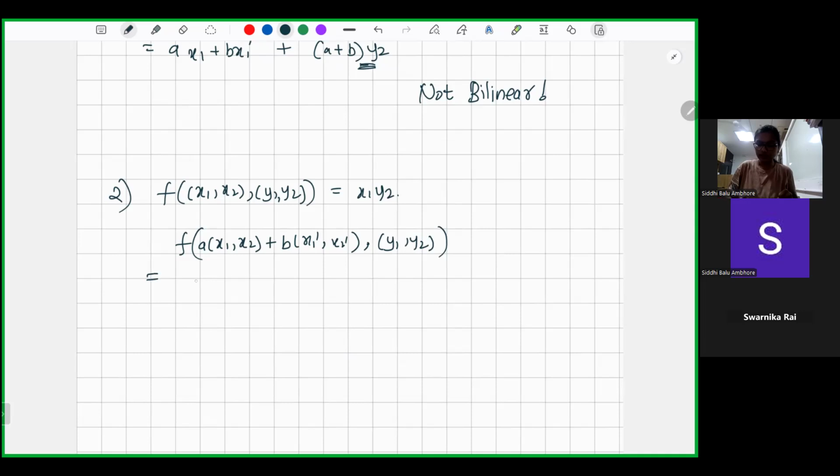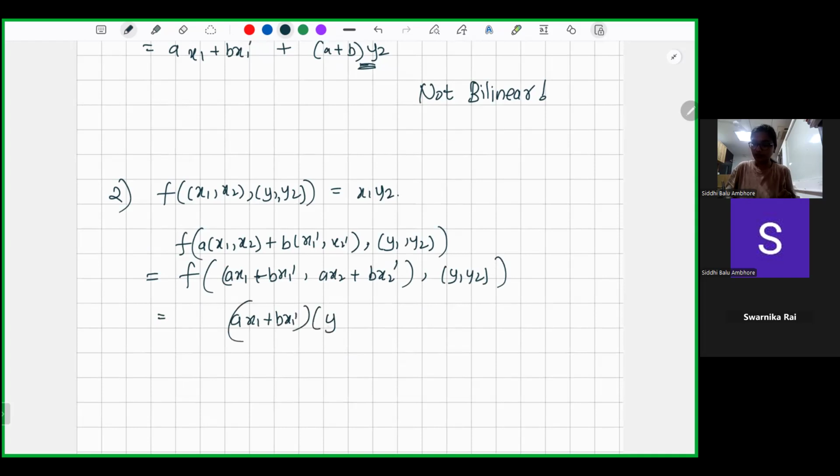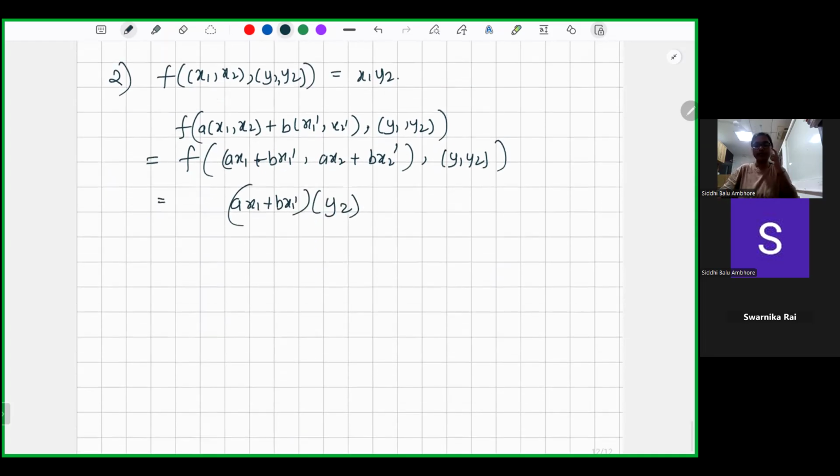And it will be x1 into y2. So x1 is this a x1 plus b x1 dash, I'm multiplying it with y2.